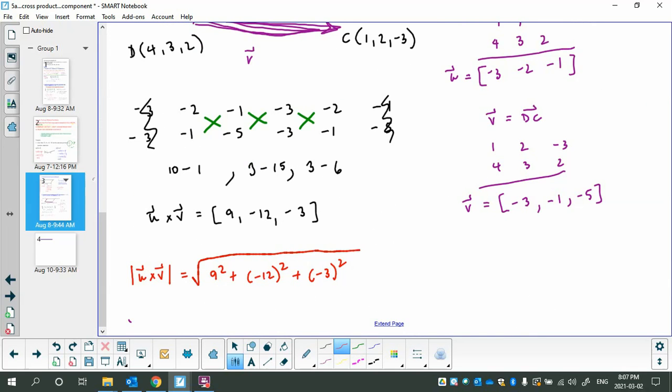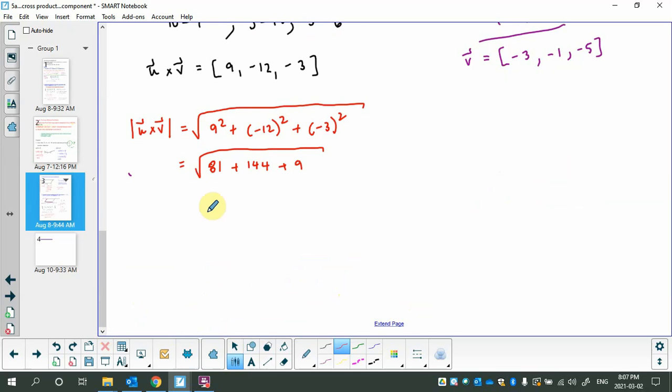So yeah, all the formulas I've given you so far are kind of piling together. And remember, whether you square a positive number or a negative number, it's always a positive result. So I get that. And 81 plus 9 is 90. And 90 plus 144 is 234. That was me doing a whole bunch of mental math.